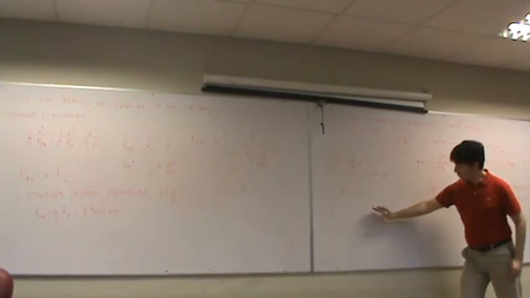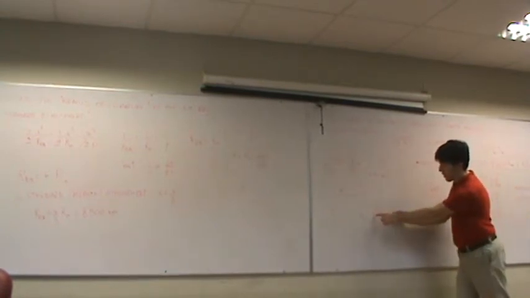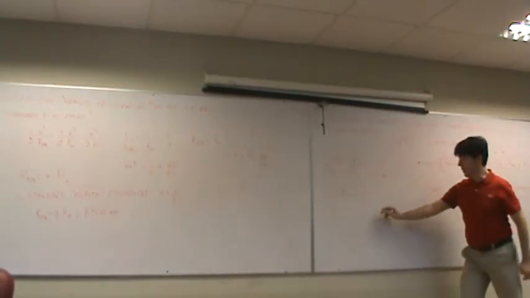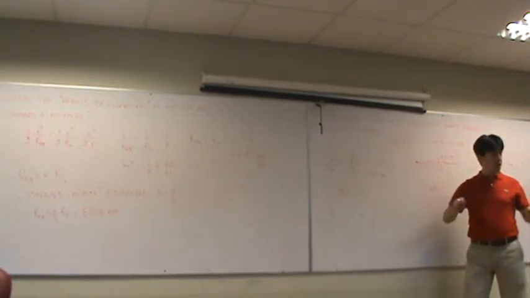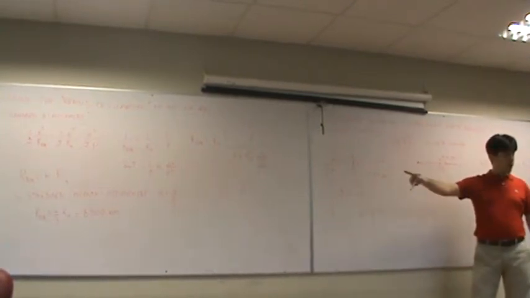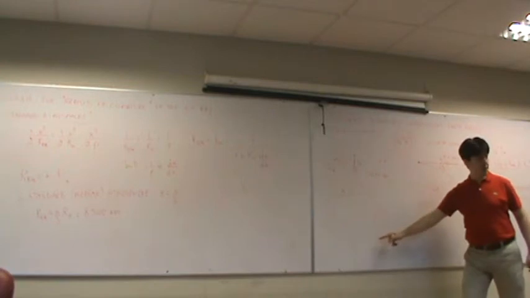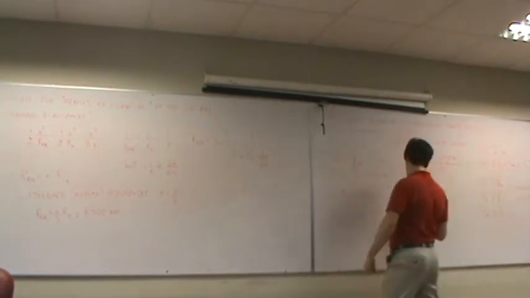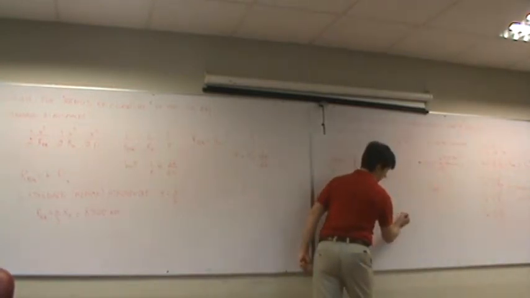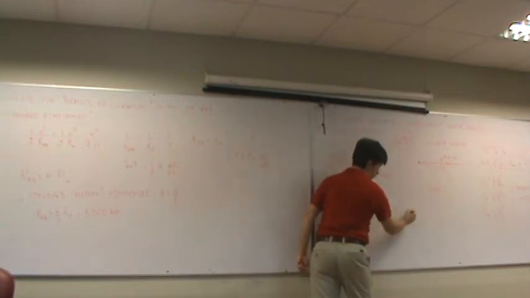You just have to redraw the sea level line with that curvature, with 8,000 instead of 6,300. So it will be flatter. And on top of this, you have your terrain.